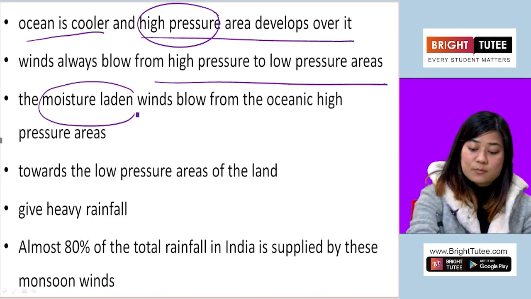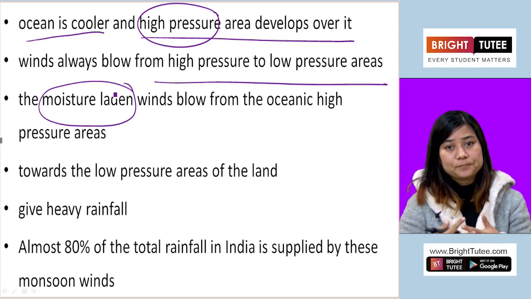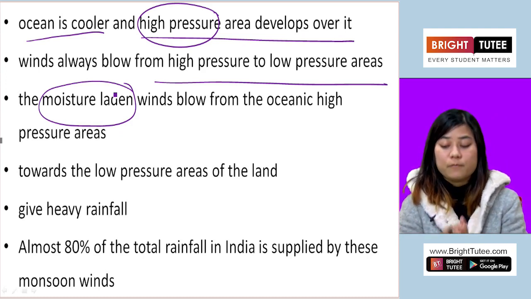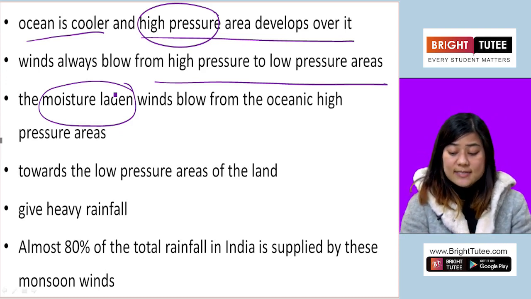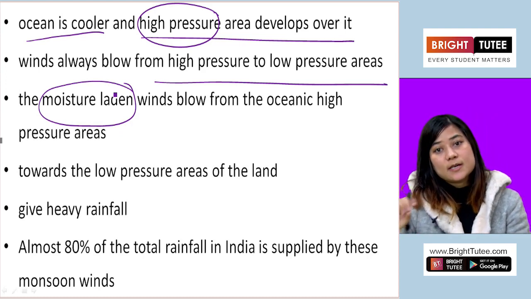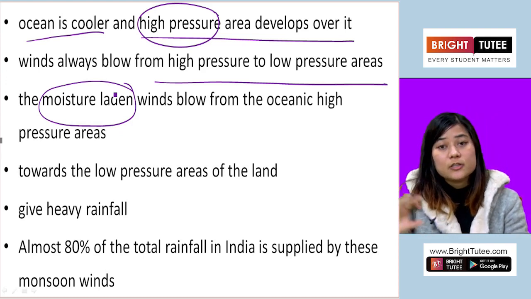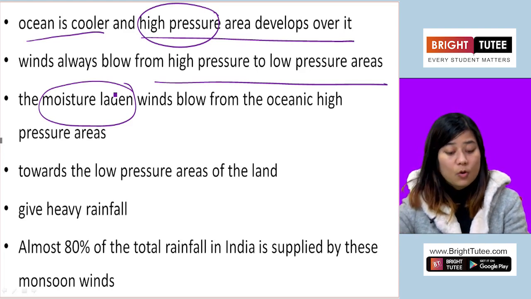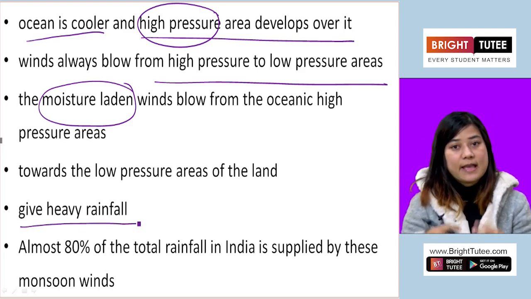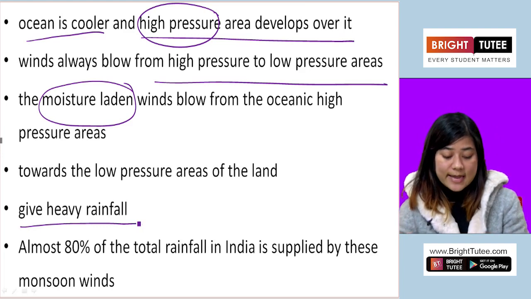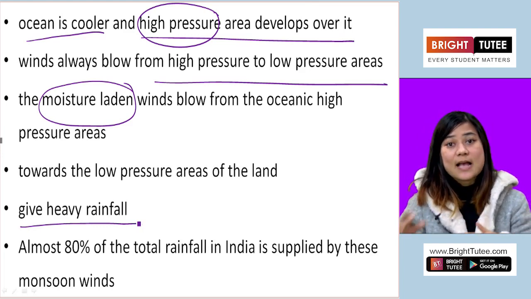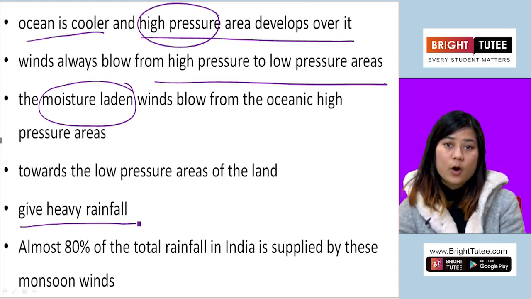That wind is moisture laden, full of moisture. As it moves towards the northern plains where the pressure is low, it causes heavy rainfall in that area. So this is how the monsoon wind works.